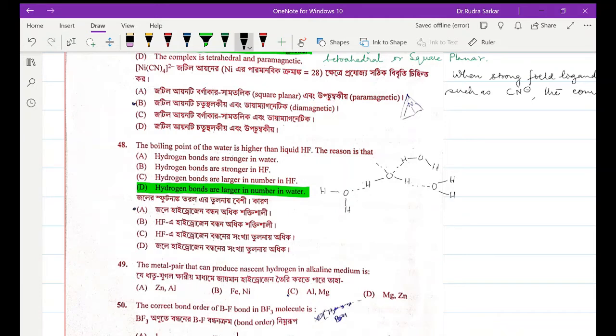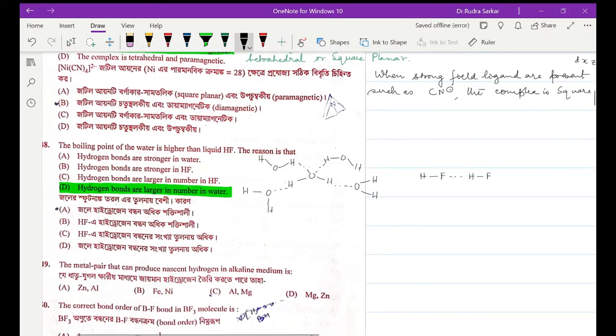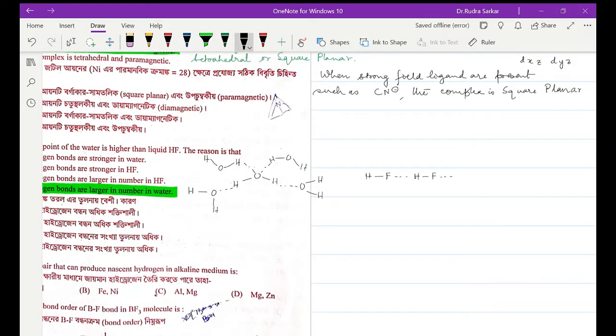Like that. So there are basically for each water molecule 4 hydrogen bonds. What about the HF? So we can see for each HF there are 2 hydrogen bonds.